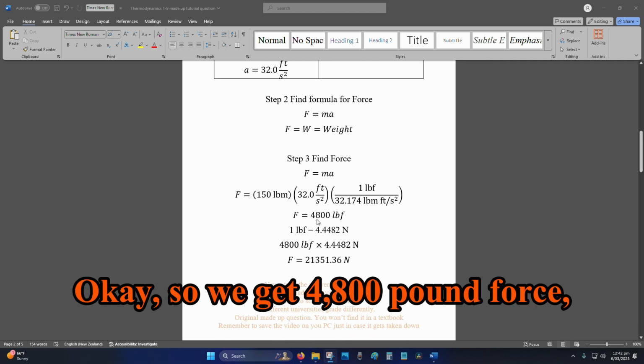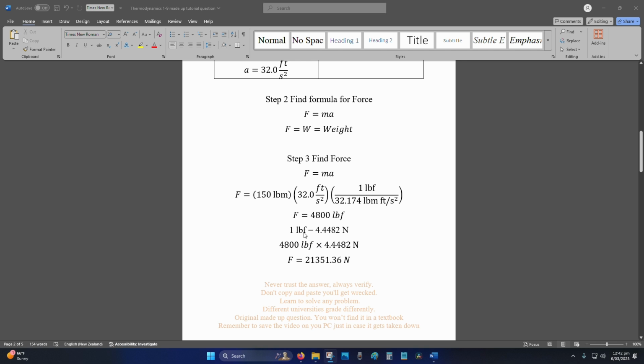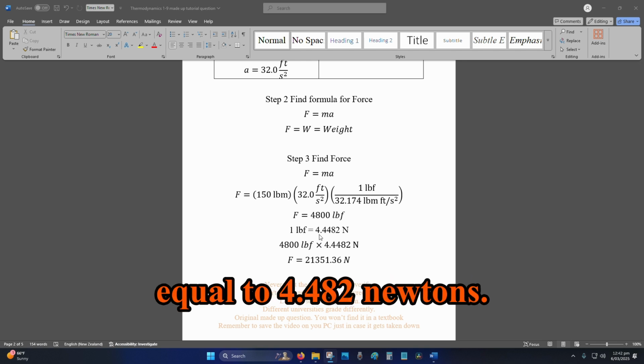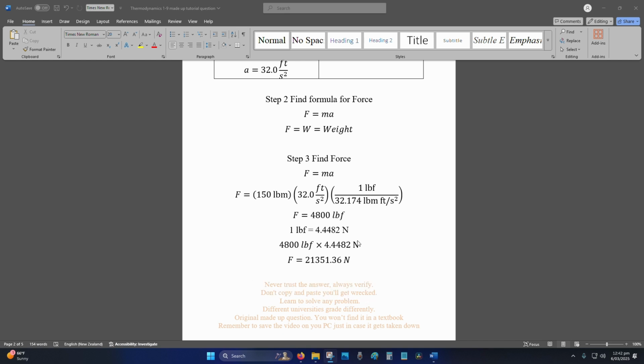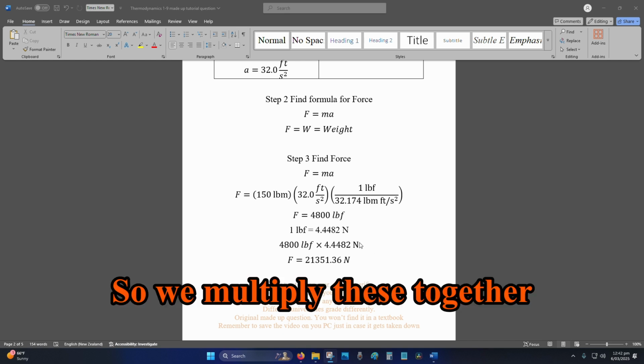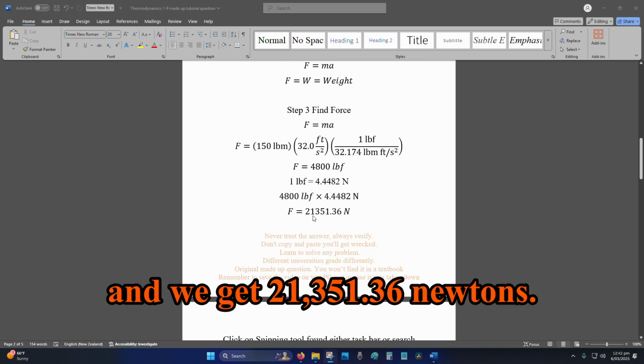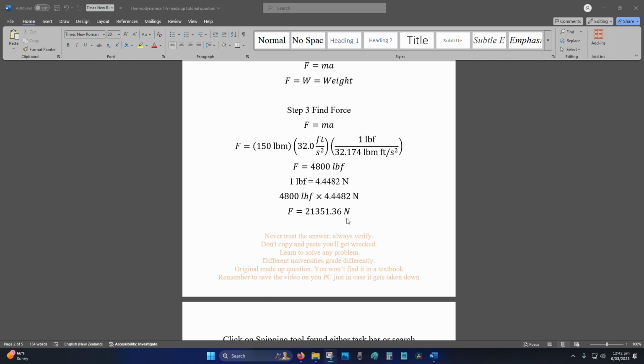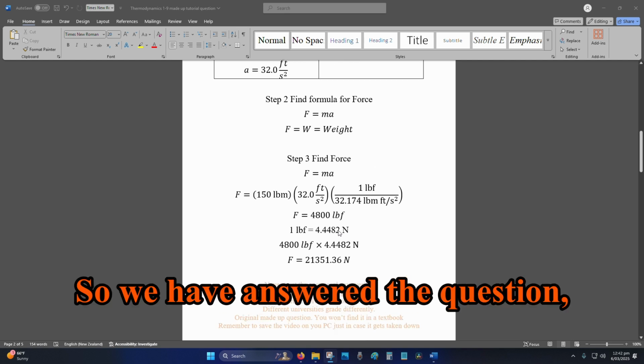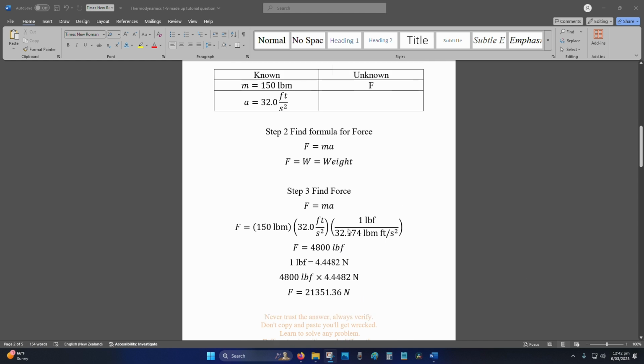Okay, so we get 4,800 pound force, and 1 pound force is equal to 4.4482 newtons. So we multiply these together and we get 21,351.36 newtons. So we have answered the question.